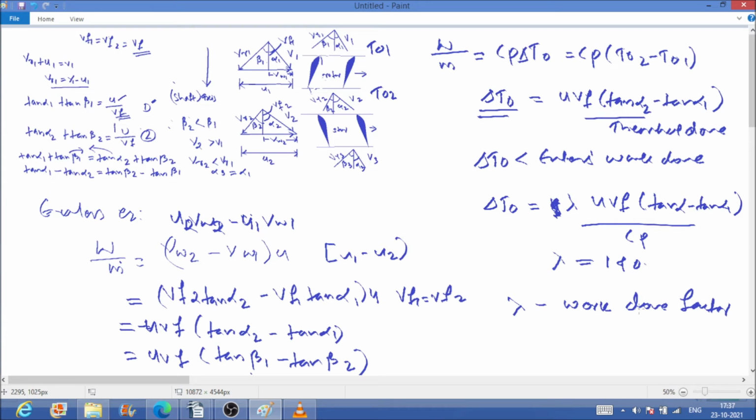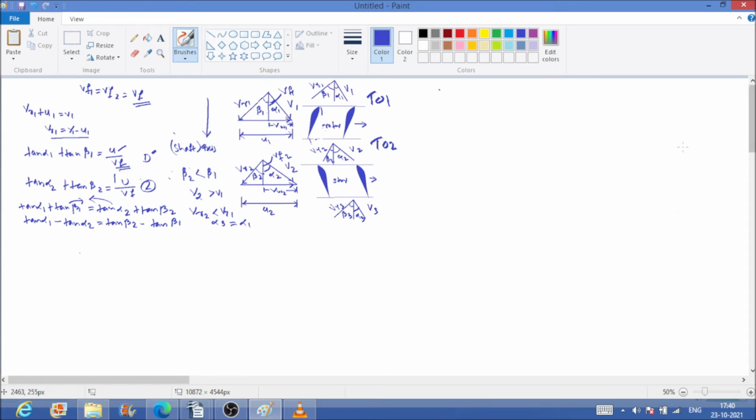Just understand what the work done factor is: the ratio of the isentropic work to the Euler's work. Now if you draw a TS diagram, these are the constant pressure lines. This is my isentropic work, this is my T01, this is my T03 dash, that stands for isentropic.